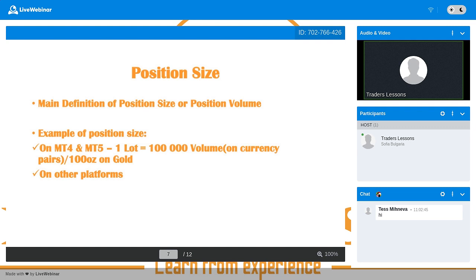So if your account is a small account, this one lot can be a huge volume for you, meaning you need all your capital to support this trade in the market. It's very important to monitor and to manage your position size when you're trading on the market, because this is exactly how much of your capital you are involving in the market, with or without the leverage of the trading company you're working with.